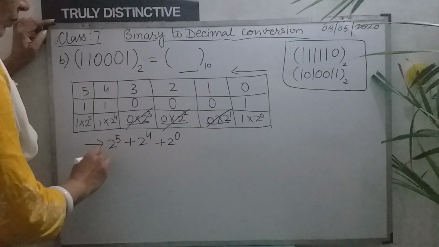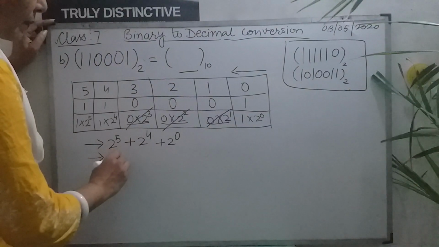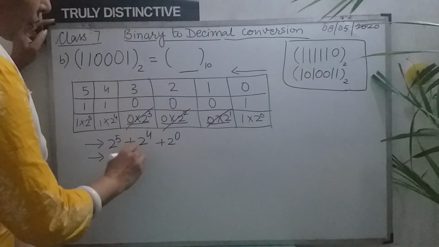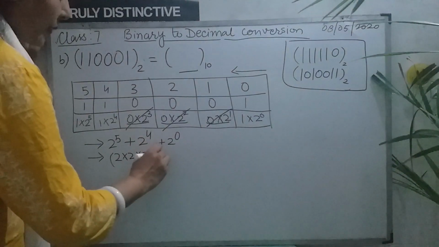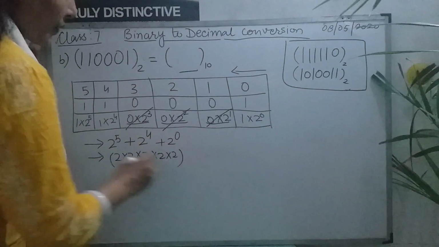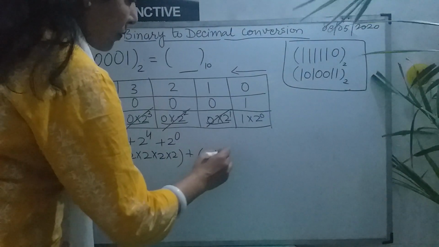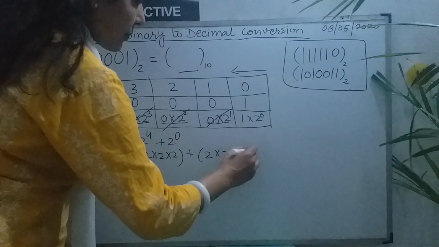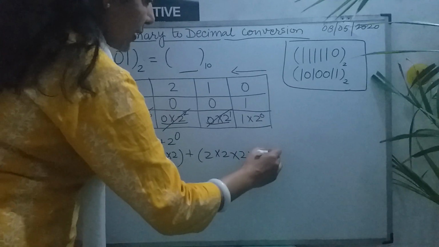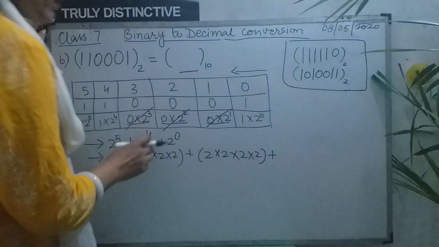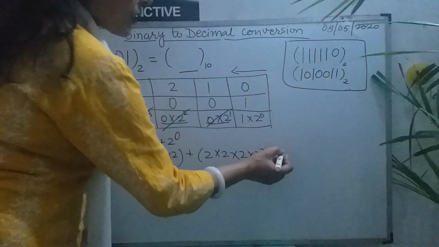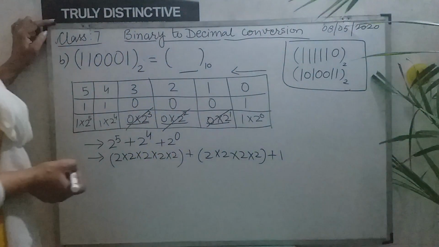How will we calculate it? 2 multiplied by itself 5 times, 2 power 4 means 2 multiplied by itself 4 times, and plus, whenever a number has power 0, the value is 1.